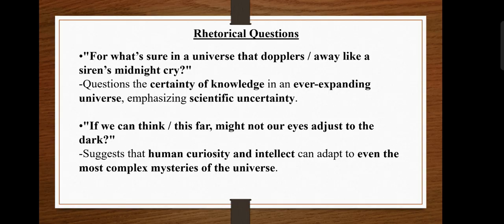So it questions the certainty of knowledge in an ever-expanding universe. We are studying so many scientific theories, so many philosophical things, but what assurance can you give that this is true? Because the universe is expanding and it is like a siren's midnight cry. And how can you say that this is the ultimate truth?